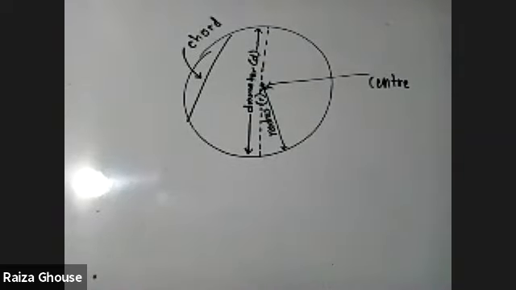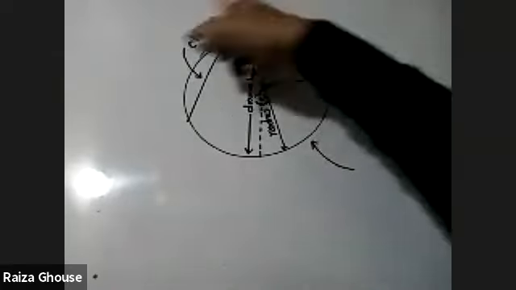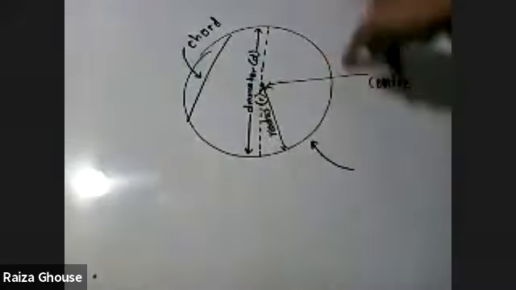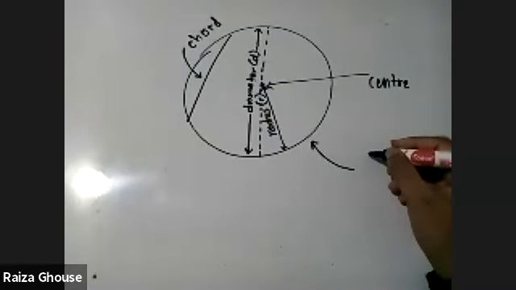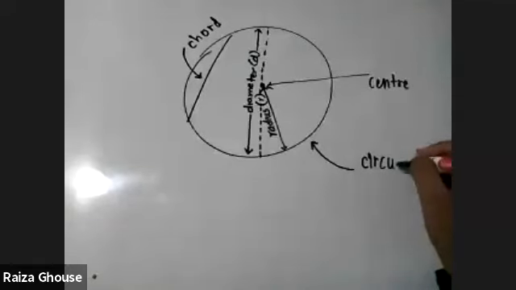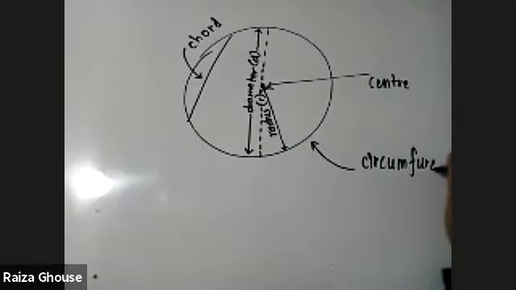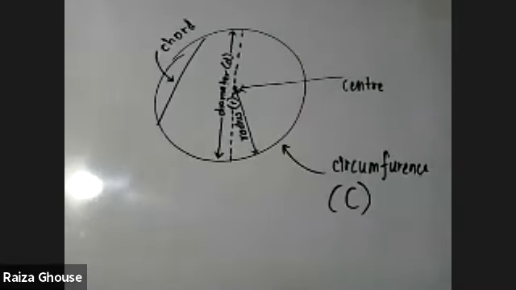So these are the main parts that you should know: chord, diameter, radius, center, and finally the outer part. What do we call that circular line? Anyone who knows? Circumference. Very good. You call it the circumference. Usually you use the capital C letter. Draw the circle and name the parts.